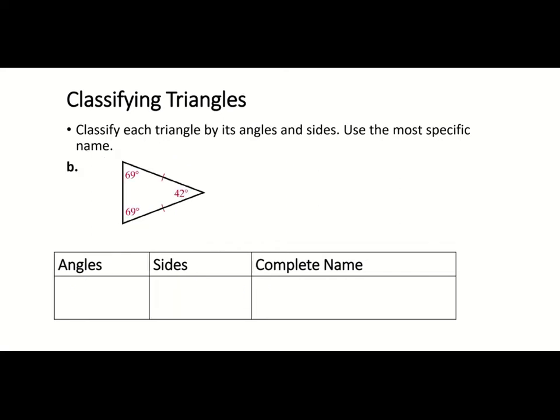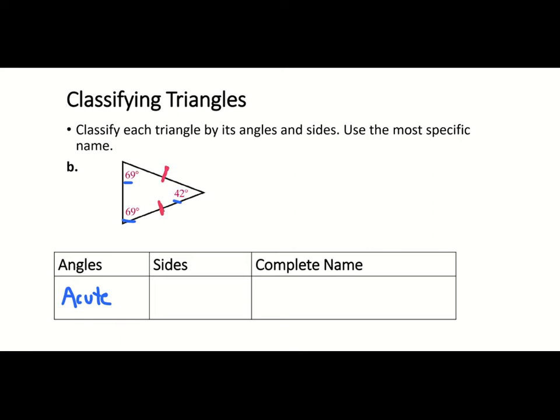All right, next, for our next triangle, if we're naming it by angles, if we look at all 3 angles, we have a 69-degree angle, another 69-degree angle, and a 42-degree angle. So that means that all 3 are smaller than 90, so it is an acute triangle. If we look at the sides, I notice that I have 2 sides that are marked with 1 hash mark.